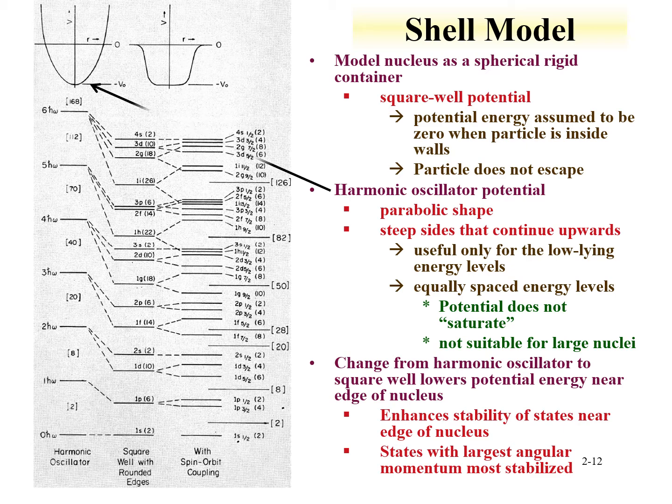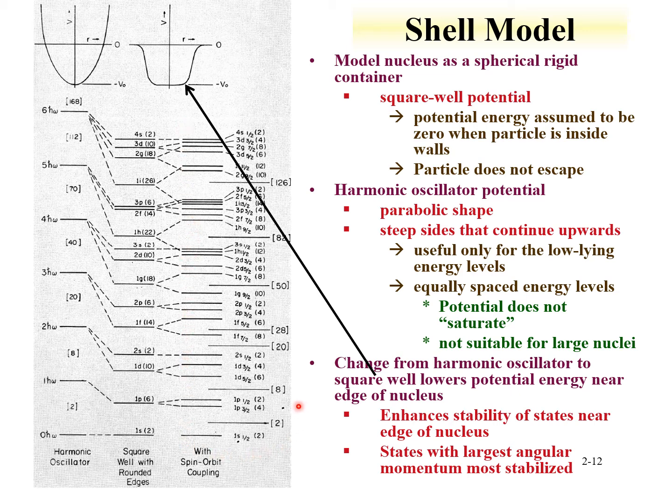If we change the nuclear potential to a square well with rounded edges, as shown here, we enhance the stability of states near the edge of the nucleus. We see a lowering of the energies and a splitting, and this splitting goes even further when spin-orbit coupling is applied.